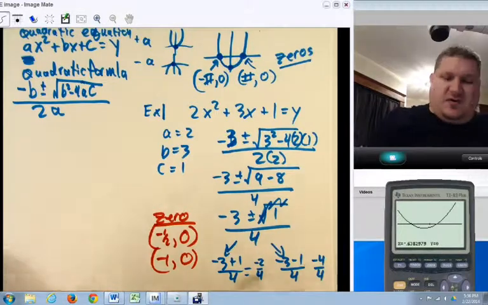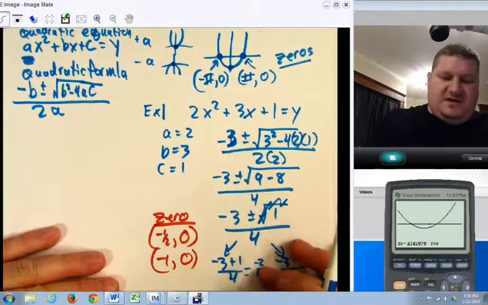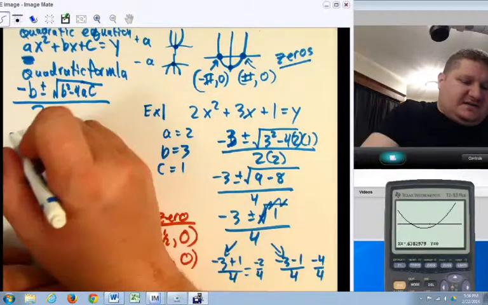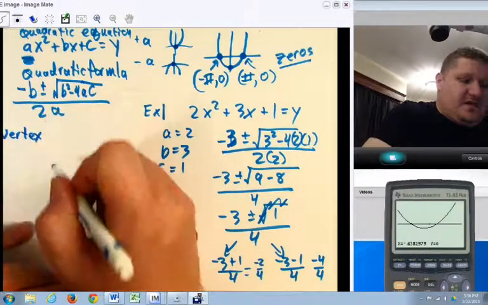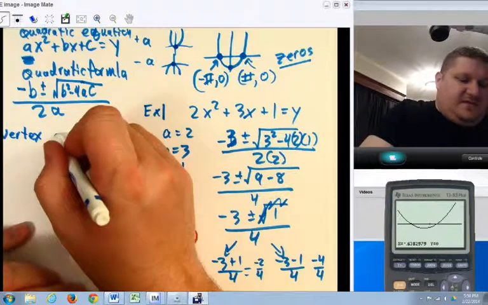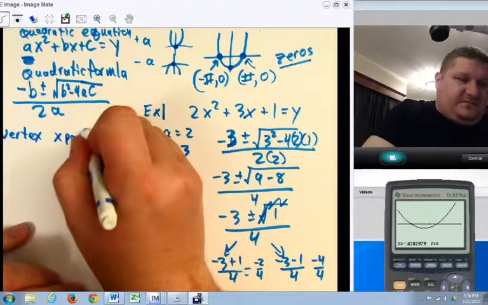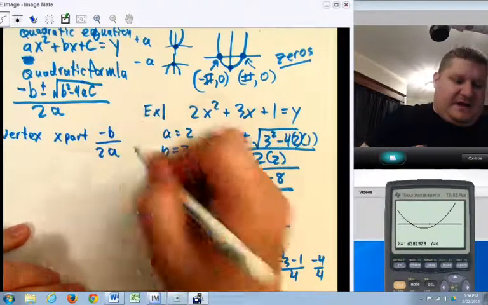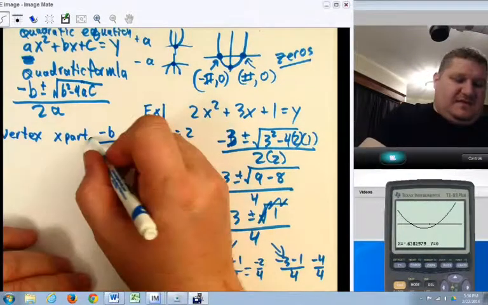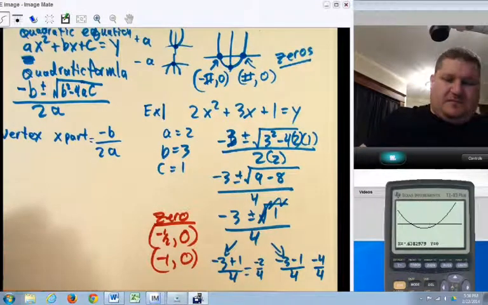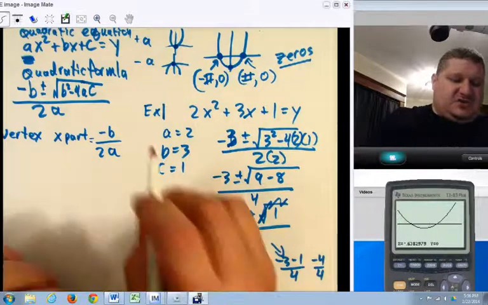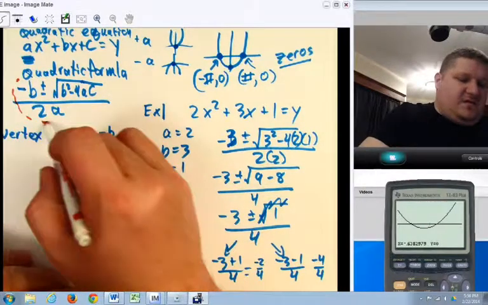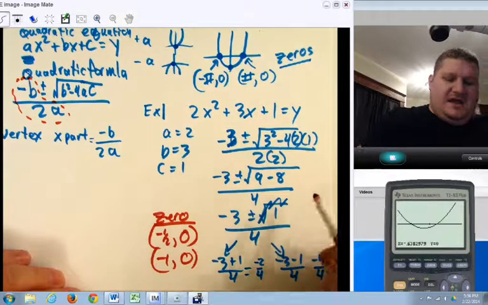Now, I also told you this formula will give me the other key component, the vertex. Of every quadratic, the x part is going to be opposite of b over 2a. That's going to be the x part of our vertex. Now, the nice thing is that should look familiar. It's right here. This component right there is the x part of our vertex.